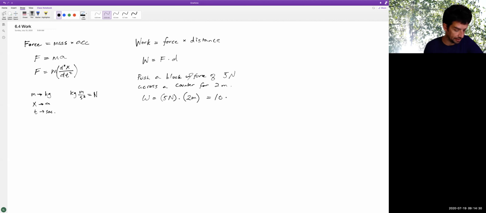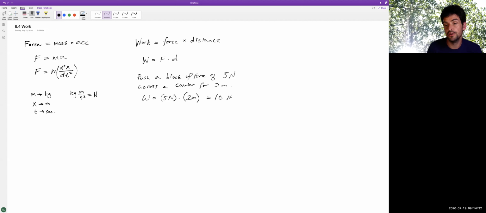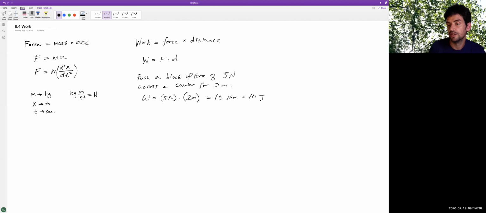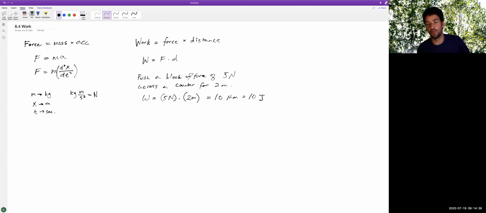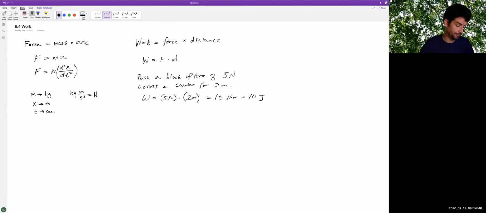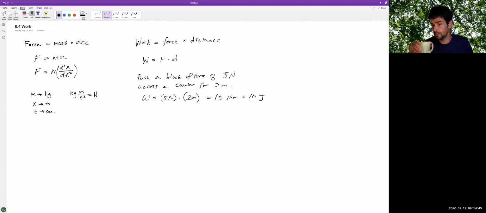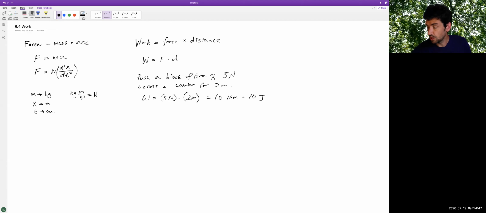And looking at the units, this is 10 Newton meters, which we have invented a unit for called the joule. Okay, so that's J-O-U-L-E, I believe. So 10 joules of work.